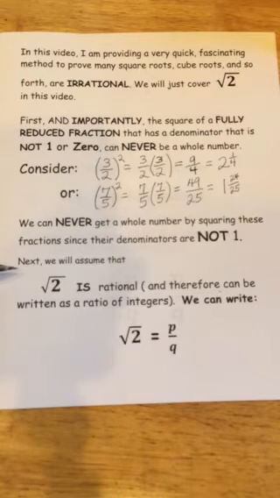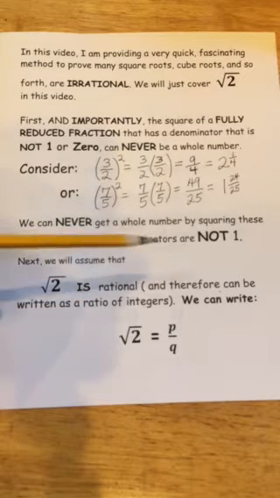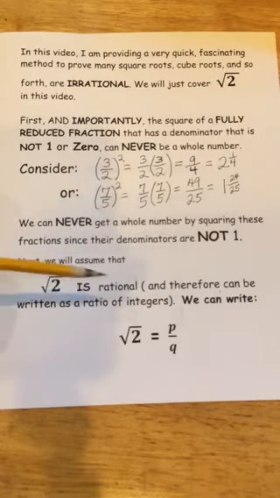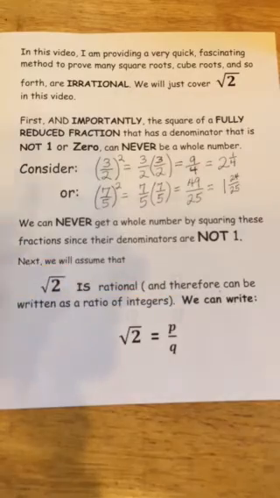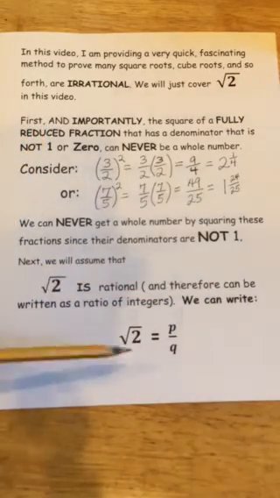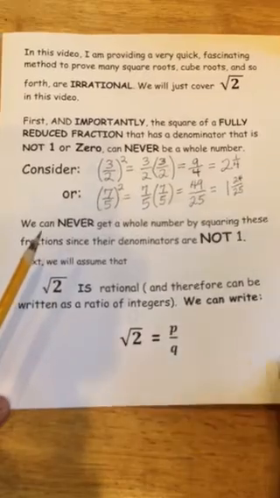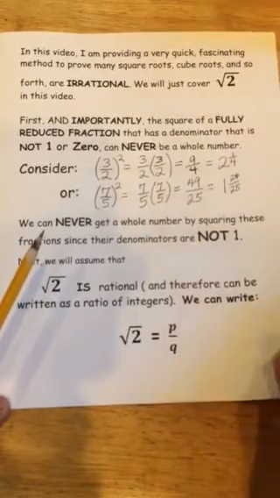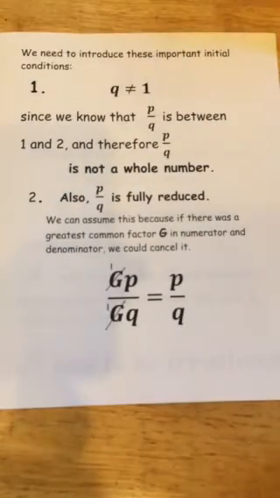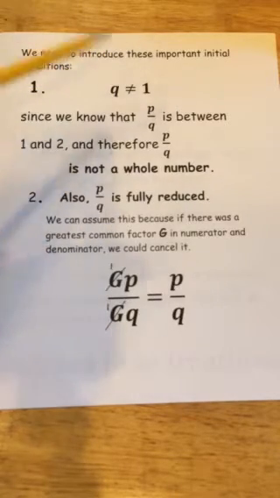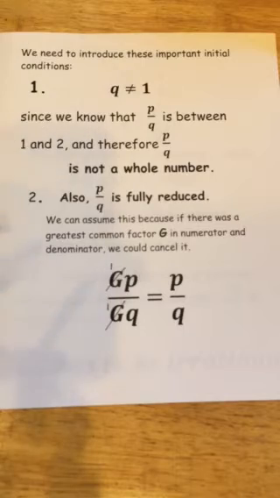The next thing we're going to assume is that square root of 2 is rational, and therefore can be written as a ratio of integers. We can write square root of 2 equals p over q. P and q are going to be positive integers here. We also need to introduce, based on what I was saying before, some important initial conditions for what follows, and that is that q, the denominator, can't be equal to 1.